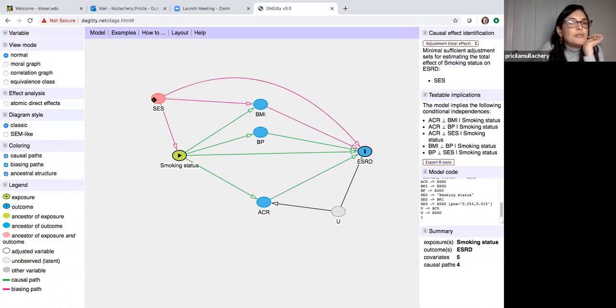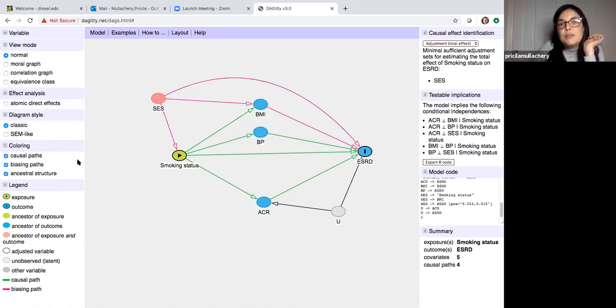All of those variables about education and age, I just put together in SES simplified. Even though I have this unmeasured variable, it doesn't change the fact that I can identify the effect of smoking on end-stage renal disease.